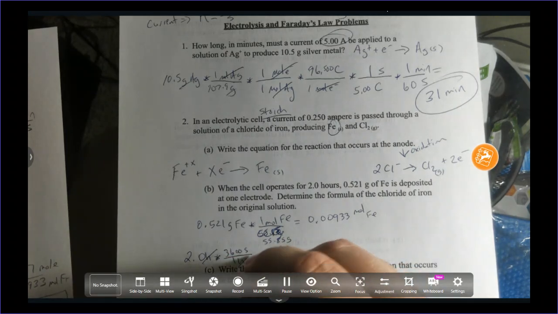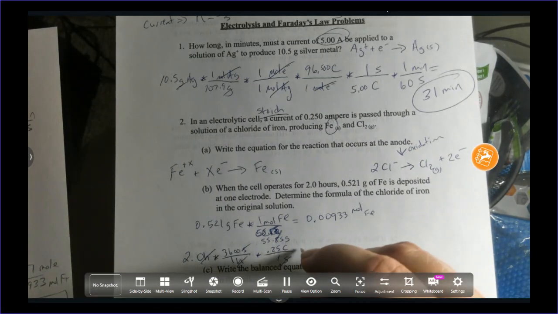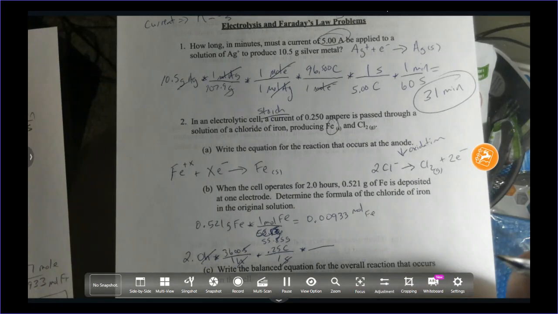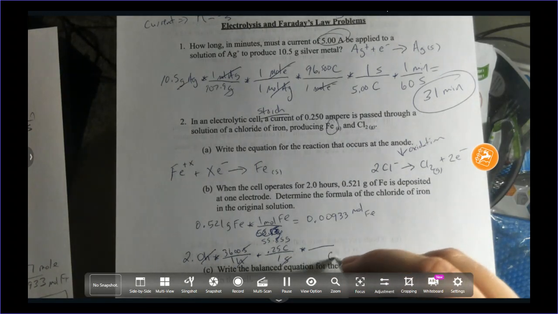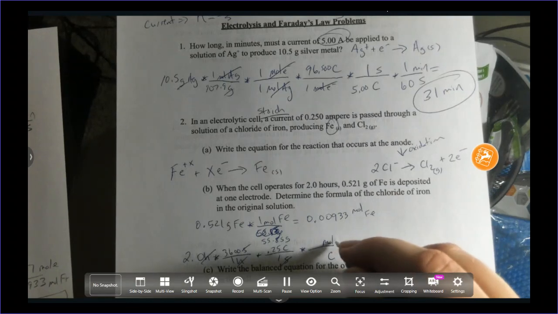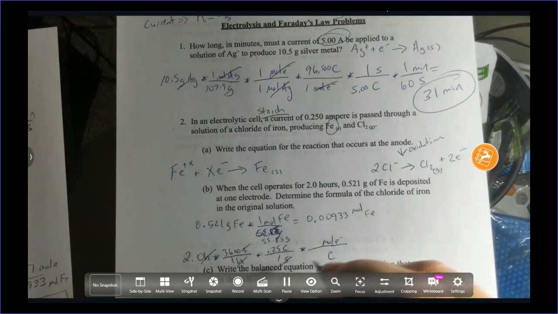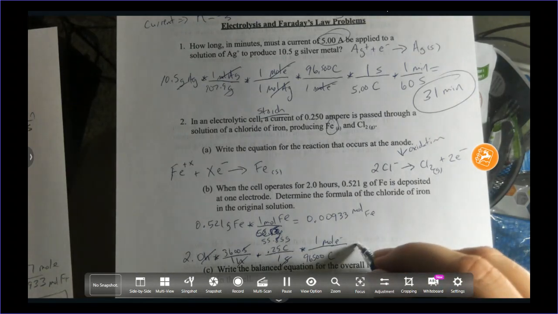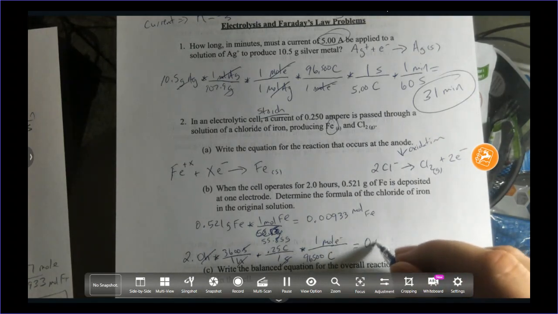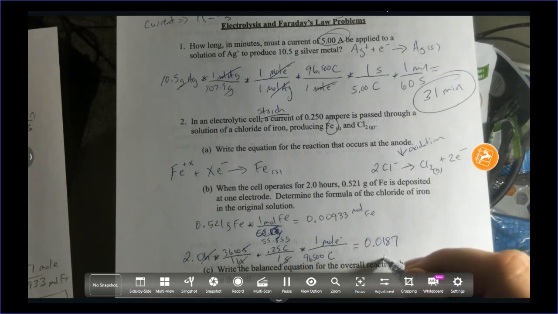So hours are gone, seconds are gone. Now I'm in coulombs. Now I'm going to convert out of coulombs and into electrons. So this is the Faraday's constant, 96,500 coulombs for every 1 mole of electrons. And this is 0.0187 moles of electrons.